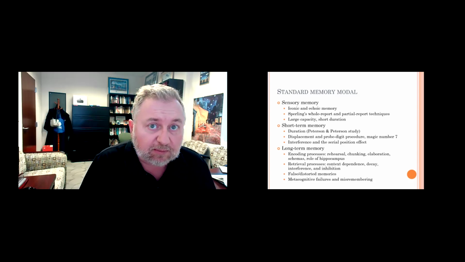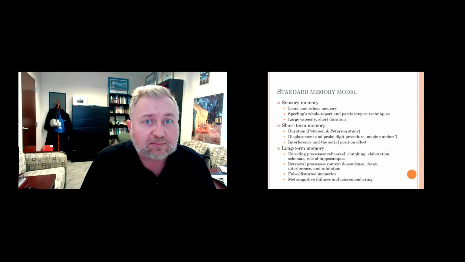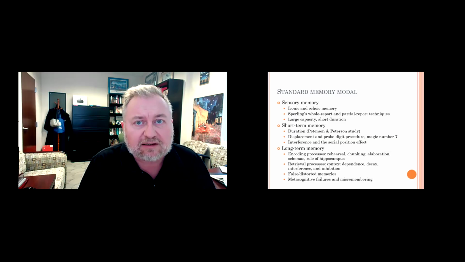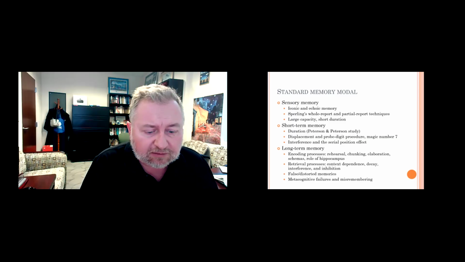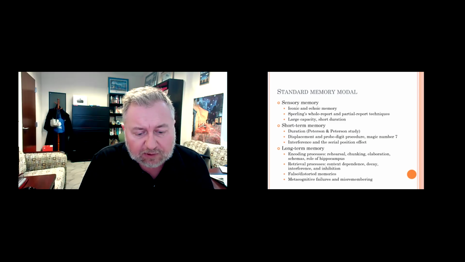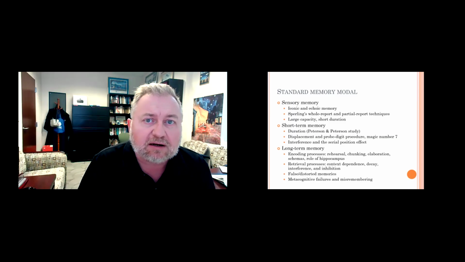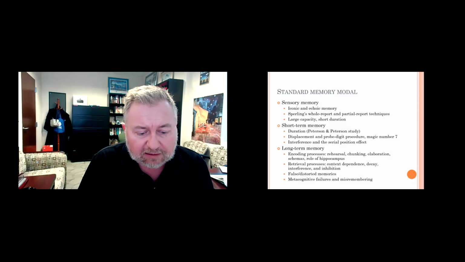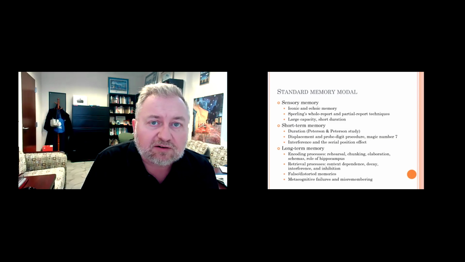So false memories, remembering things that didn't happen, or simply just misremembering certain events. And so we looked at the Deese lists and the research of Elizabeth Loftus there. And we wrapped that up by talking about misremembering as a kind of metacognitive failure. And we had a little extra detail in there about some of the different kinds of metacognitive processes. So certainly study that too.